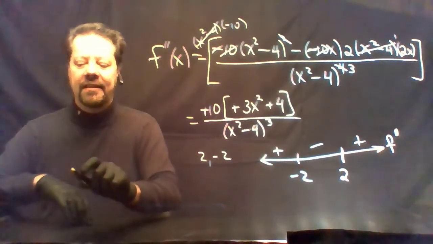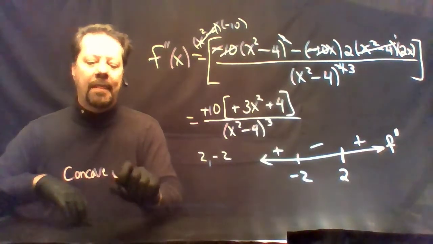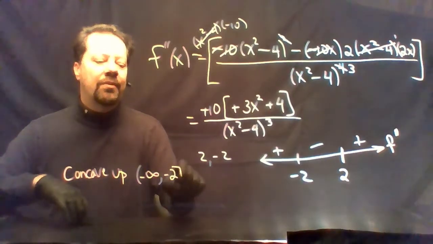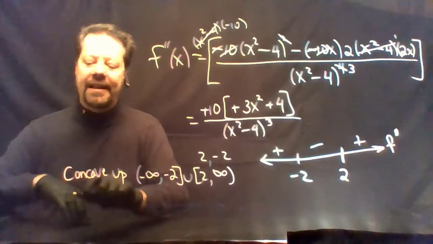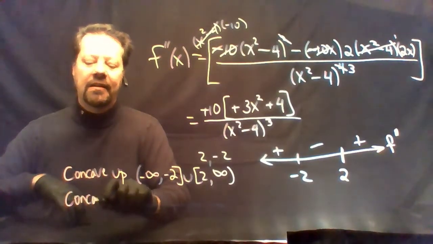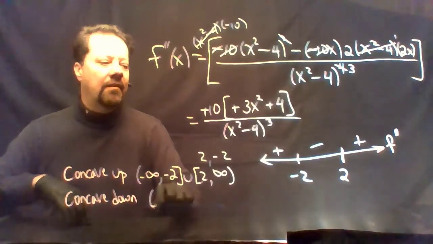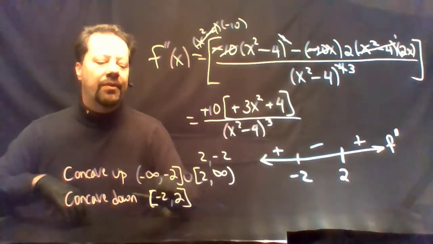We conclude then that this curve is concave up from minus infinity to minus 2, and from 2 to infinity it is concave down from negative 2 to 2.